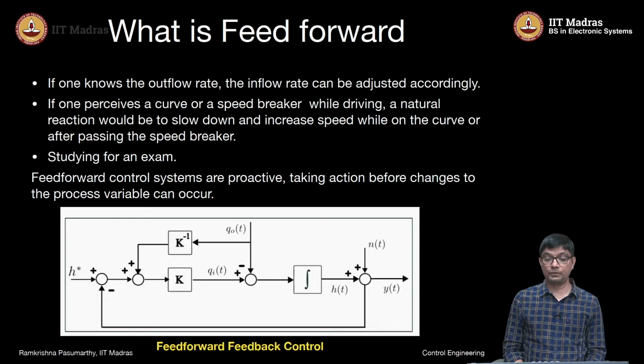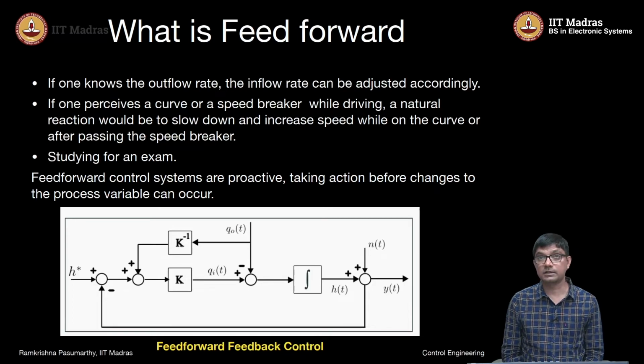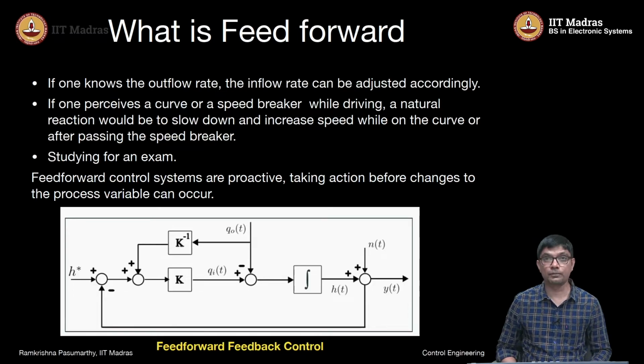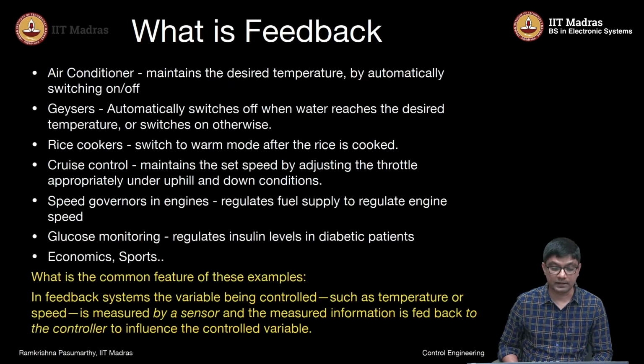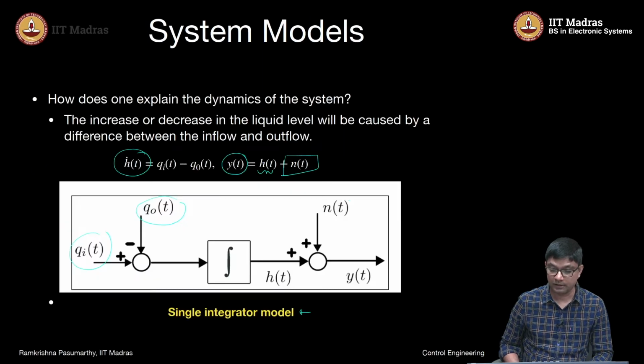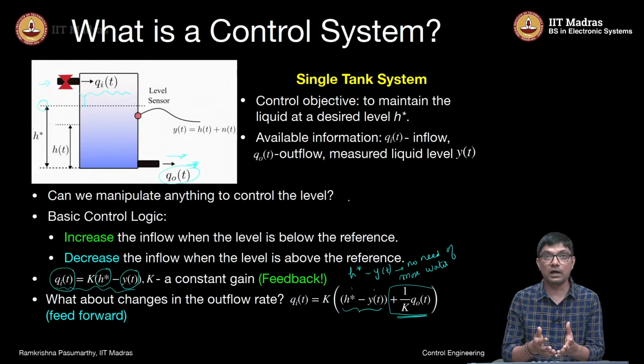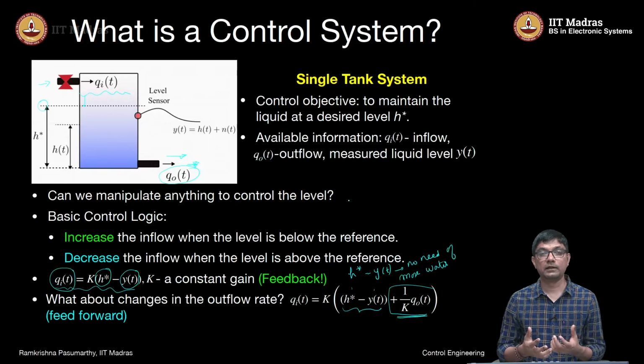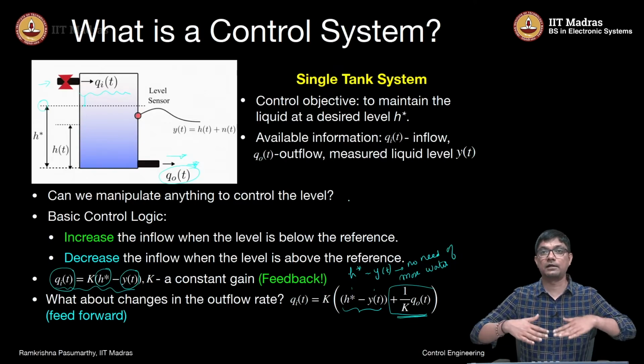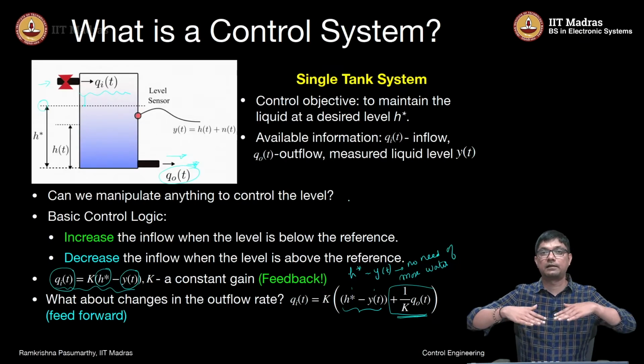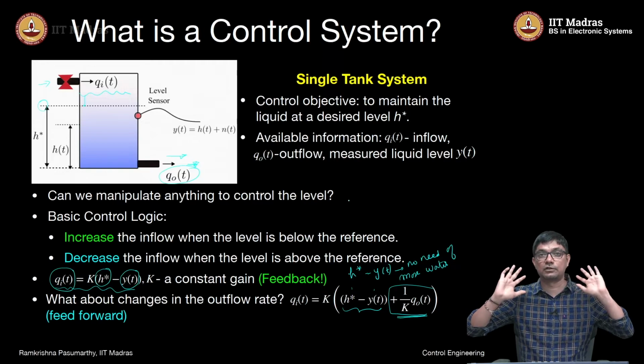Okay, so another concept which is also important is feedback. For example, if I look at my tank example, if there is no outlet, the problem becomes easier. I just fill the bucket or the tank until it reaches the desired height and then stop.